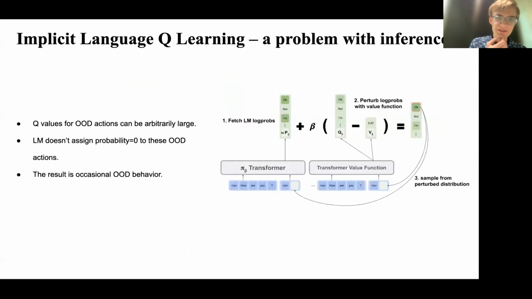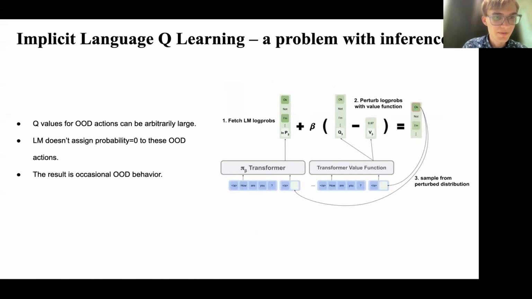However, unfortunately, this by itself doesn't quite work. We need to add one more thing in order to get this to work. Like I mentioned, there's this problem where out of distribution actions can have arbitrarily large Q values. And then there's also this problem where the pi beta model that we learn is not going to be perfectly calibrated.